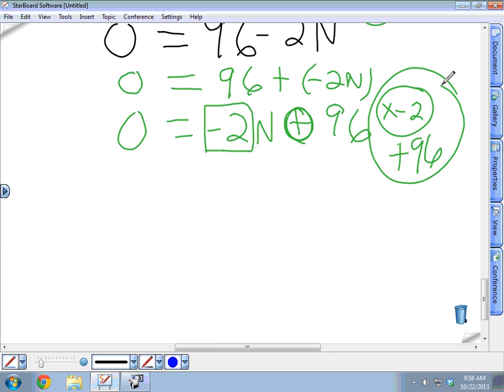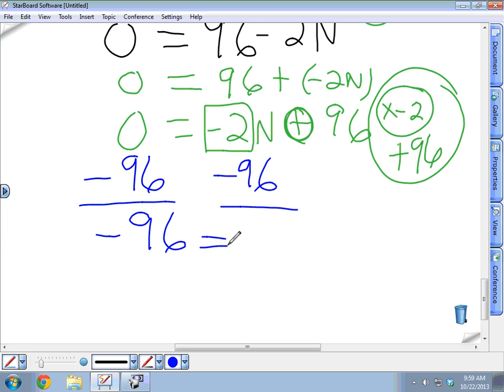Okay. Now to solve this, Katie, what you want to do is do the opposite. So what's your inverse operation for adding 96? Subtracting 96. This, by the way, is the reason I like to get my variables on the other side, but that's okay. It works the same both ways, that's why I like to show you that. So what is 0 minus 96? Negative 96.